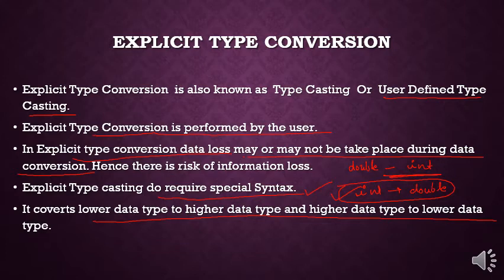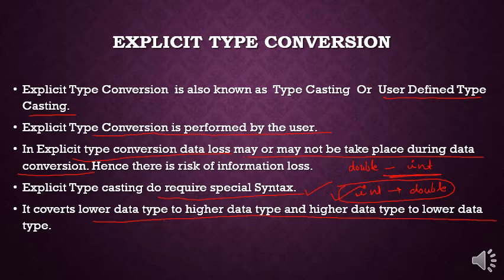So children, what is the difference between implicit and explicit type conversion? Implicit type conversion is performed by the Java compiler, and explicit type conversion is performed by the user. Implicit type conversion is known as an automatic type conversion. Explicit type conversion is known as a user defined type conversion.